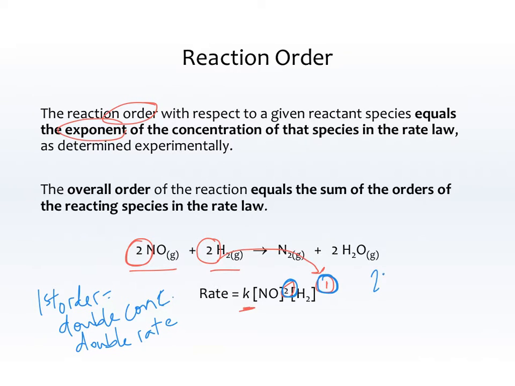Second order means double concentration, quadruple rate. Zero order, which is something that exists, means if you double the concentration, the rate doesn't change at all. So the reaction order is the exponent that you would have to take the concentration change to equal the rate change. Let's look at a couple of examples.